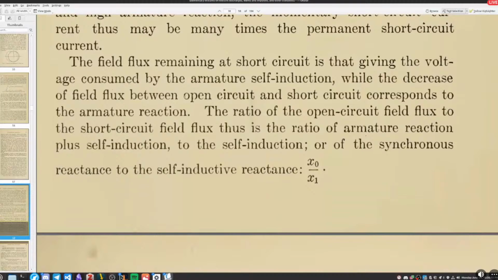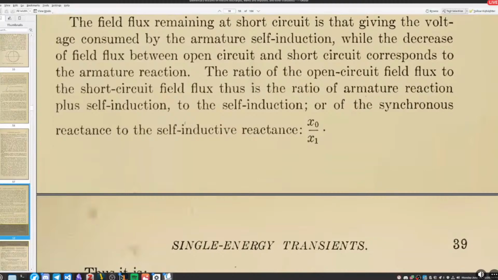The ratio of the open circuit field flux to the short circuit field flux is thus the ratio of the armature reaction plus the self-induction to the self-induction, or the synchronous reactance to the inductive reactance, X0 over X1.